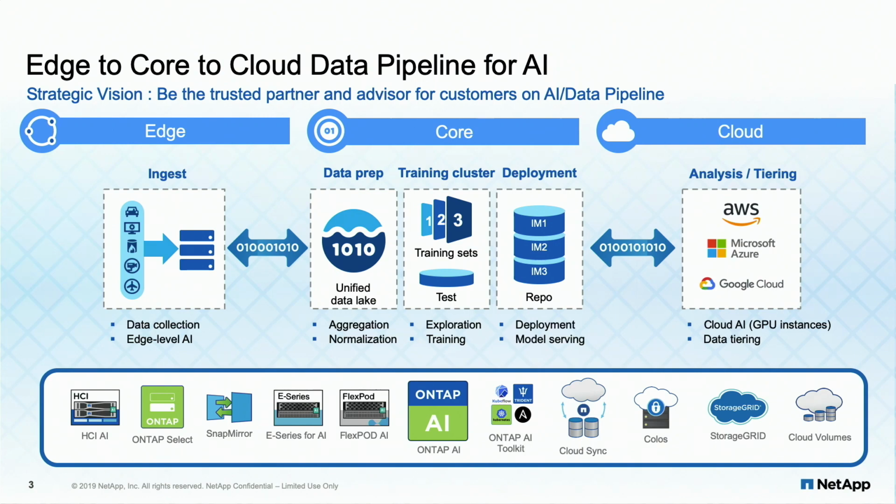And so what we see here is that life cycle of data is actually an instance of what NetApp has been working on called the data fabric. Data fabric from a NetApp perspective has been hybrid cloud, and clearly the edge is very much now a part of that fabric. Going from edge to core to cloud is that whole life cycle of data fabric.